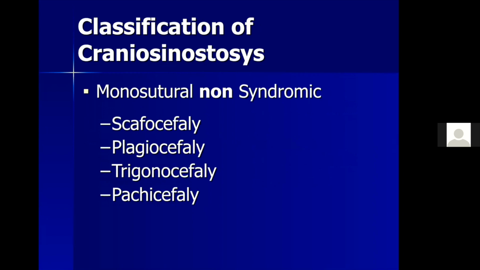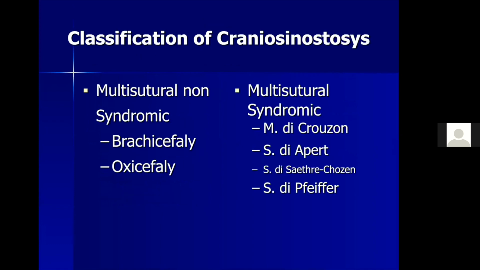The monosutural non-syndromics are the most common craniosynostosis, like Scaphocephaly, Plagiocephaly, Trigonocephaly, and Pachycephaly. Multisutural non-syndromic are Brachycephaly and Oxycephaly. Multisutural syndromic are common, like Crouzon disease, Apert disease, Saethre-Chotzen disease, and Pfeiffer syndrome.